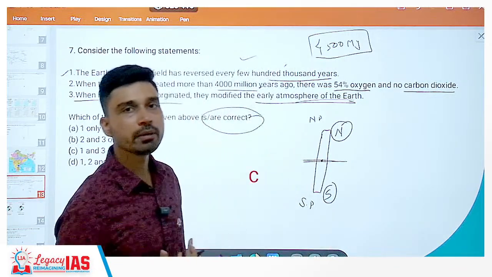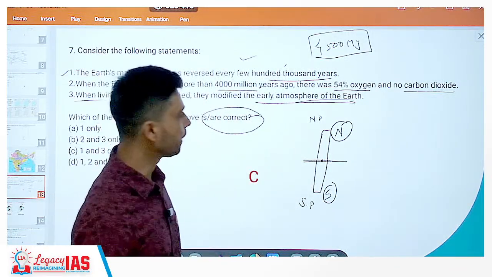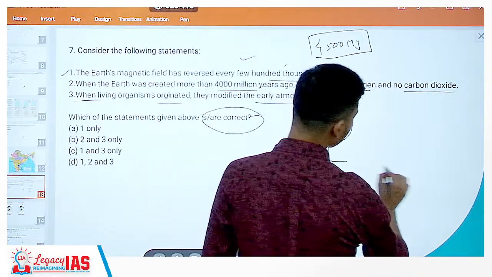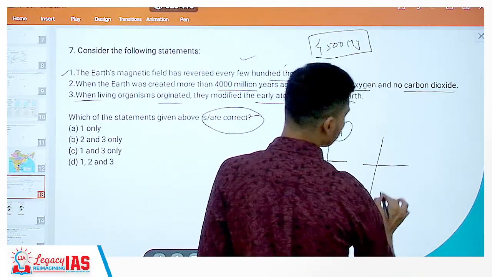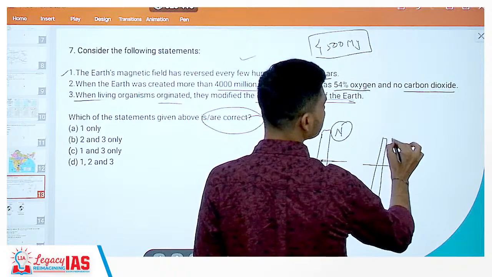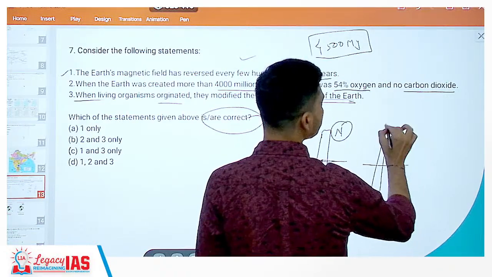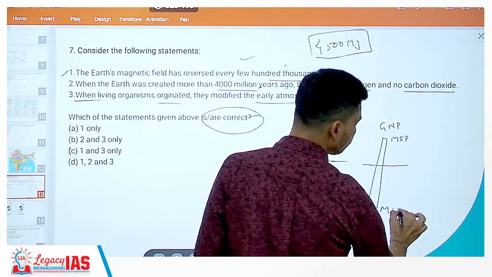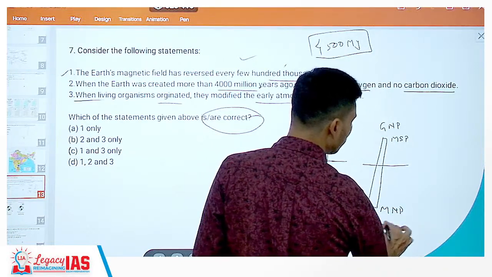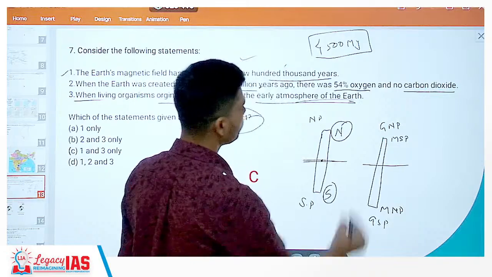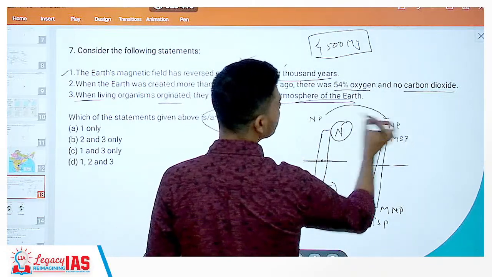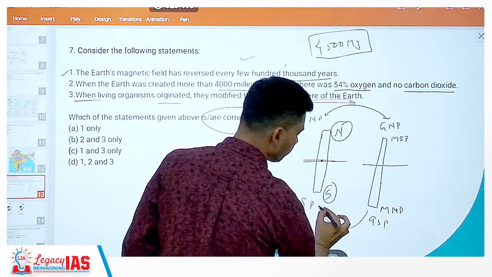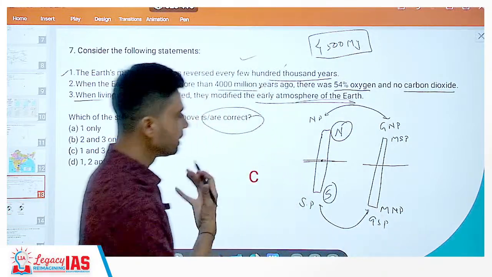But it does not remain oriented the same every time. In the history of earth, there is a pole reversal. In pole reversal, the magnetic South Pole orients itself toward the geographical North Pole and the magnetic North Pole orients itself toward the geographical South Pole. So earth's magnetic field keeps on fluctuating between the first and second picture.